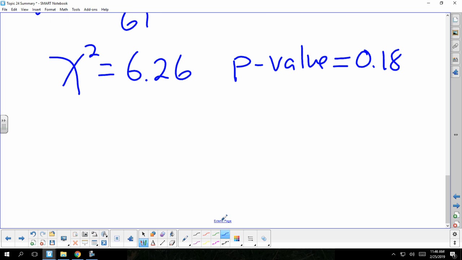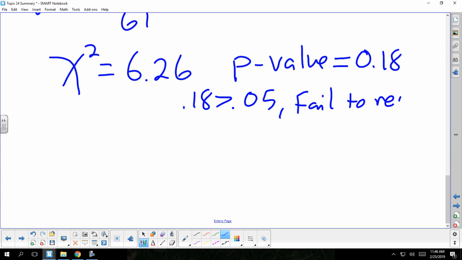And 0.18 is greater than 0.05. So I'm going to fail to reject H0. All right. And then our conclusion.